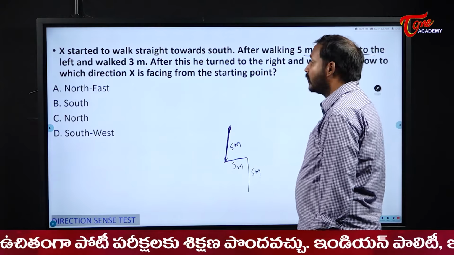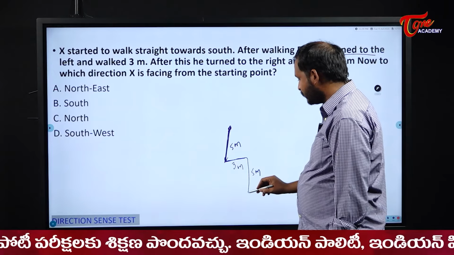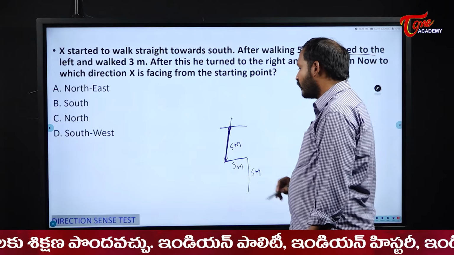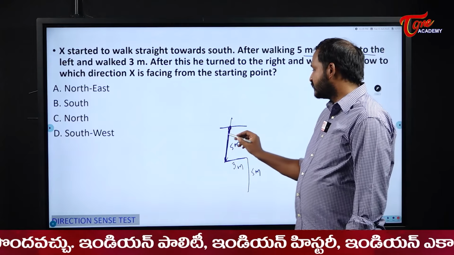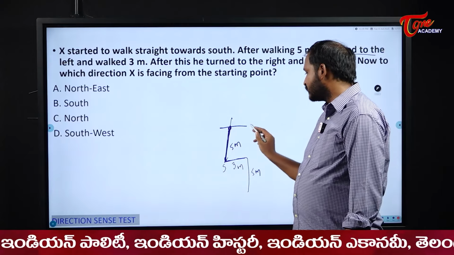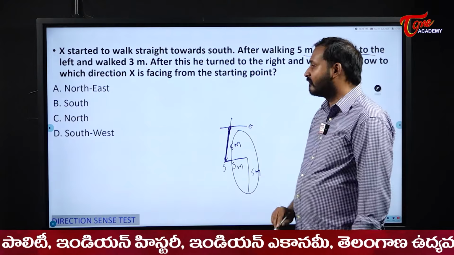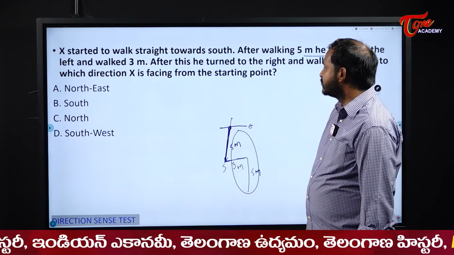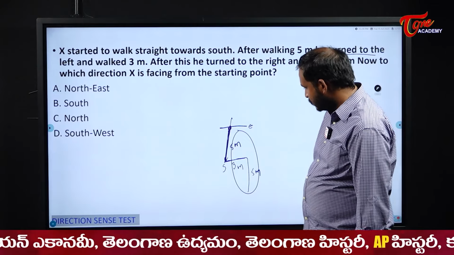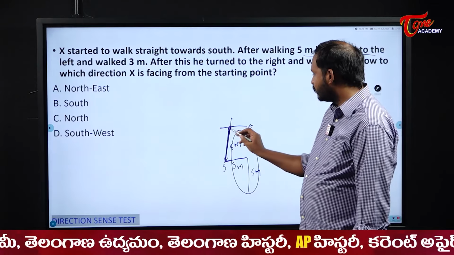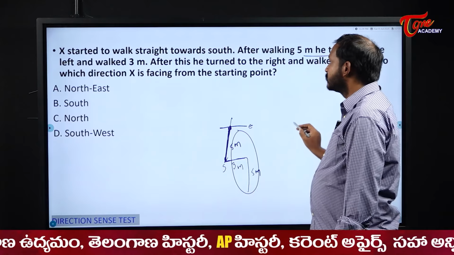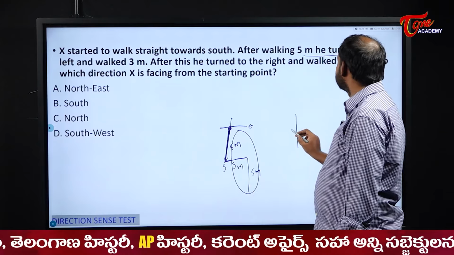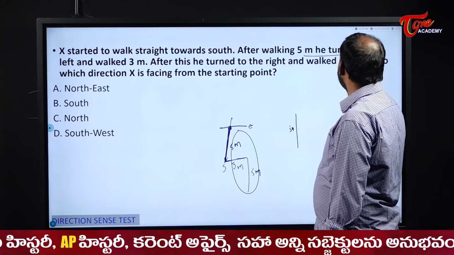Now to which direction is X facing from the starting point? This is south and this is east. This entire region falls under south east. Where is the starting point? This is the starting point, right? Now see here, after walking 5 meters, he turned to the left.